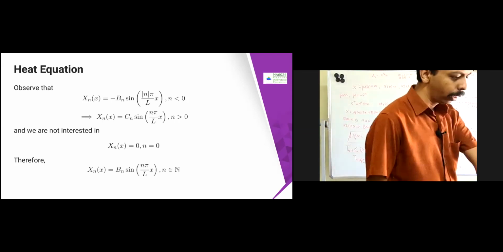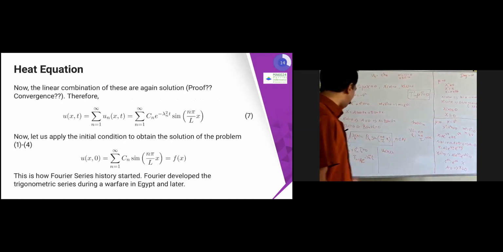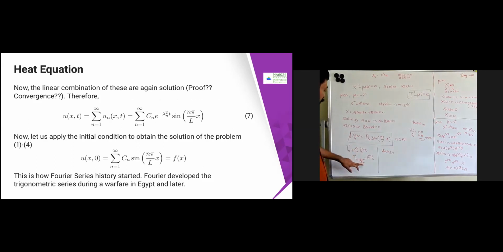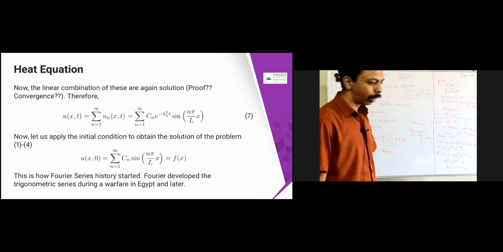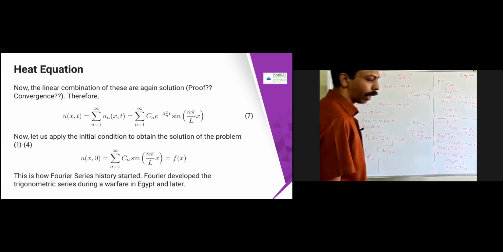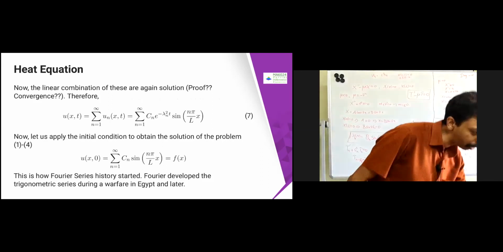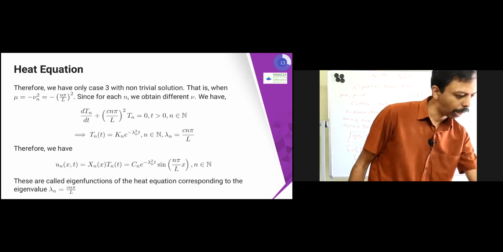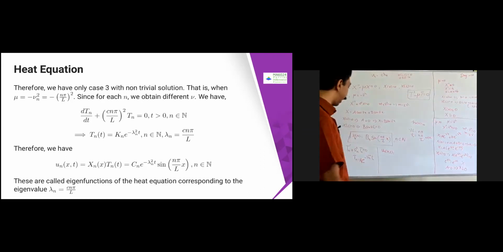Yes. So then this one becomes Tn dash plus nu n square Tn equal to 0. Then Tn is equal to an into e power minus nu n square t. I have written kn here and an there, so that's not a problem because it is a constant only. So an or kn, it doesn't matter.